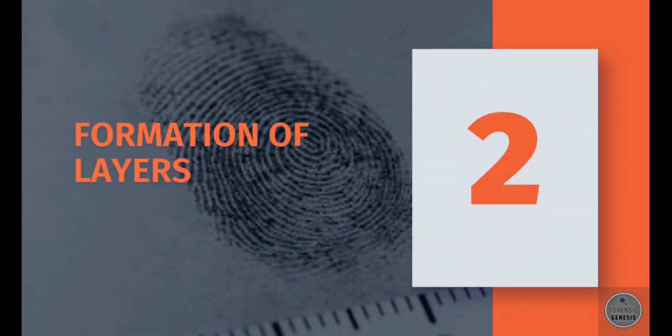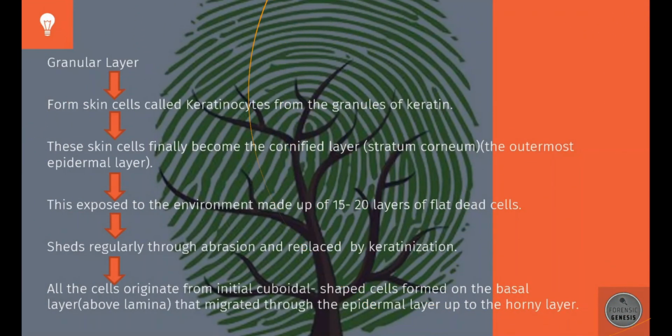Now let's see the formation of these layers. So the formation starts from the granular layer, which is the cornified layer. It forms skin cells called keratinocytes from the granules of keratin. These skin cells finally become the cornified layer, that is the stratum corneum, the outermost epidermal layer.